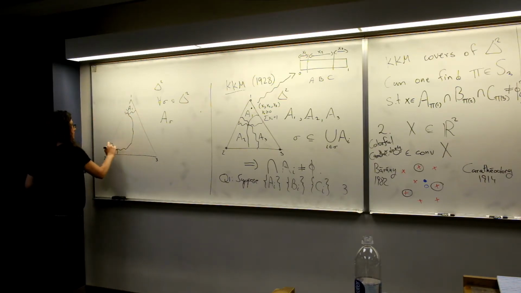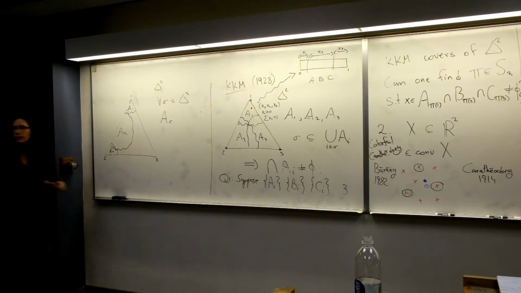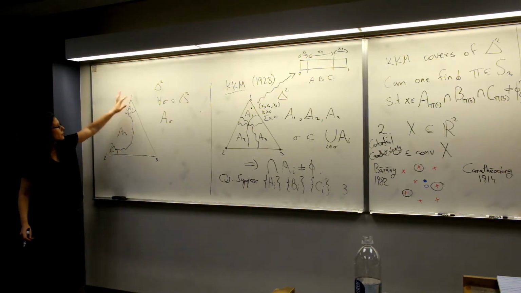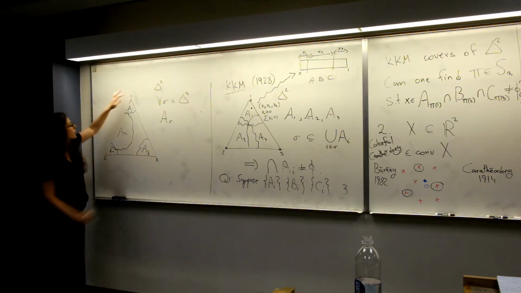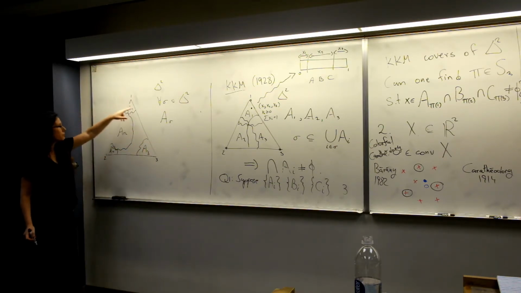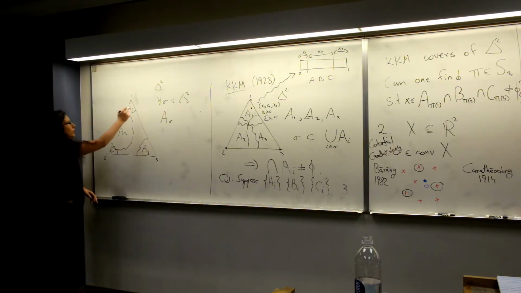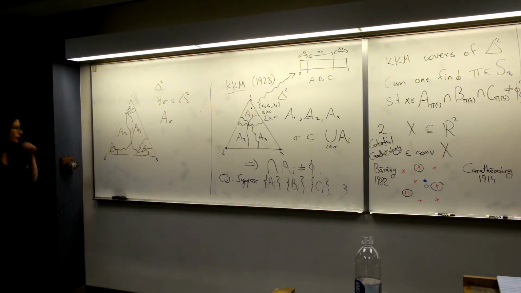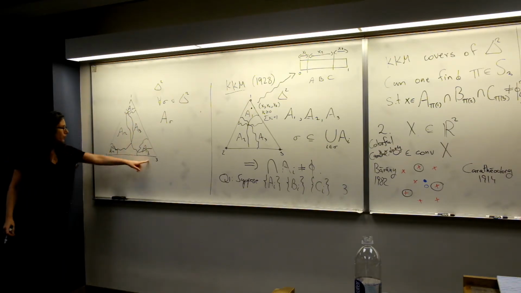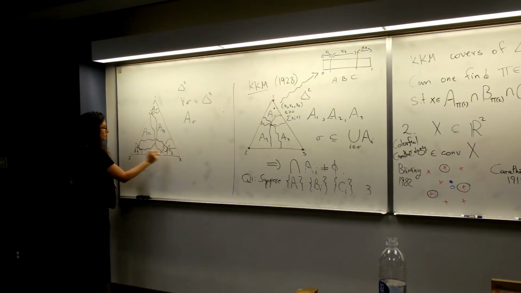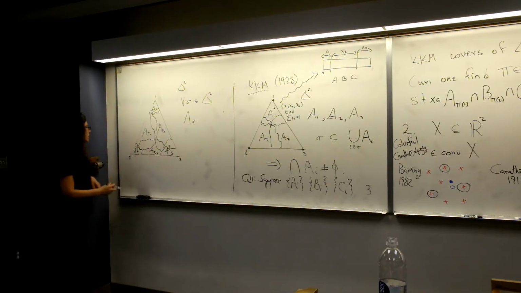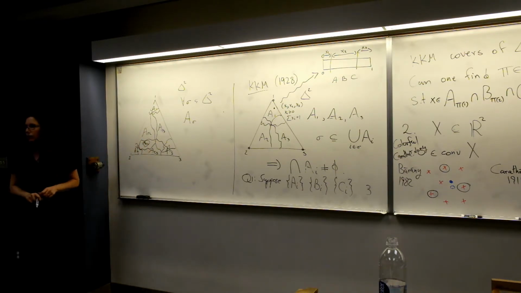So we have something like that. Again, vertex 3 must be in A3, face 1, 3 must be in the union of A1, A3, and A1, 3. So we have something like that. And 2, 3 must be in a union of A2, A3, and A2, 3. And we might have also some A1, 2, 3 somewhere.